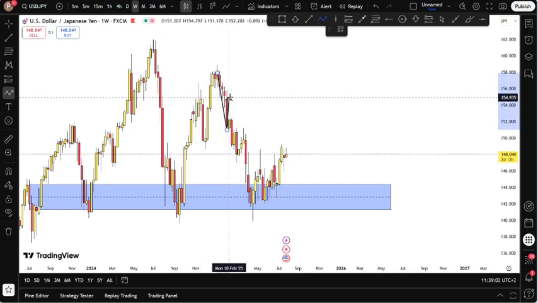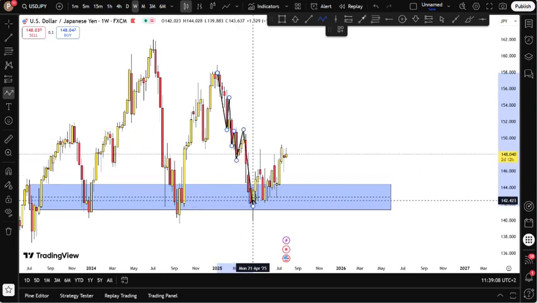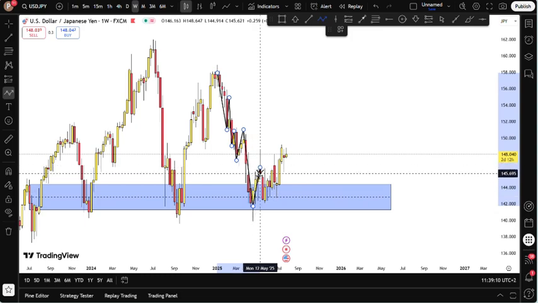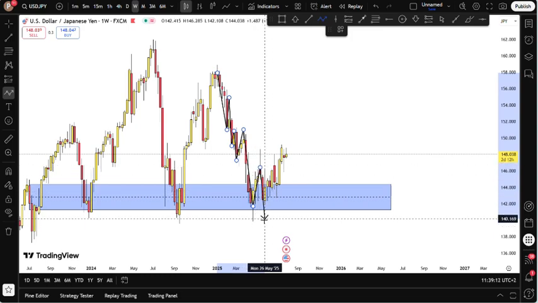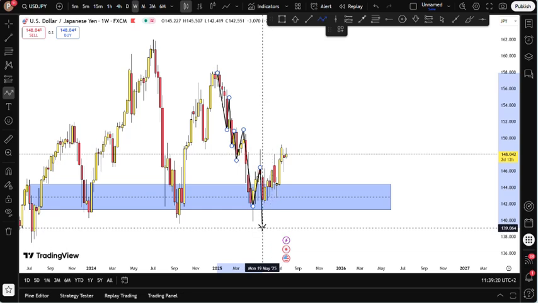Down, up, down, up, down, up, down, up. A continuation of a downtrend is supposed to go lower. The fact that it didn't go lower means it failed to continue the downtrend. So what comes after? An uptrend.